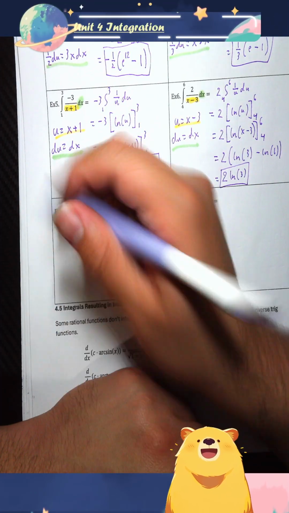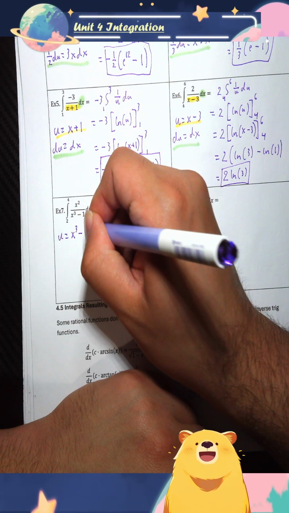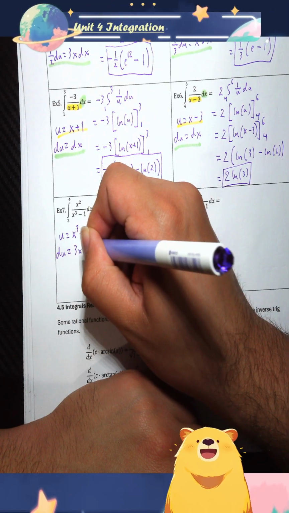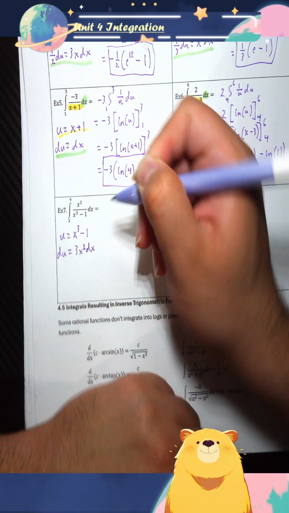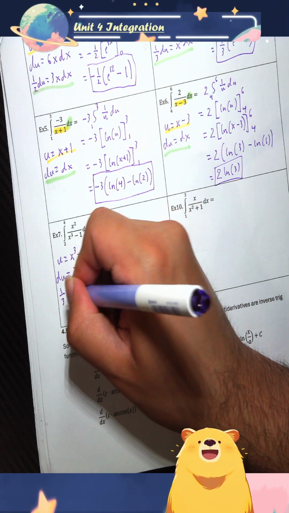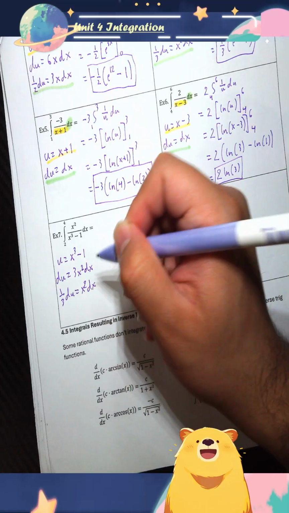All right, let's go in here. We have the convenience of making this whole thing one variable and its derivative appearing more or less alongside it. The only exception is with that 3, so we need to take out that 3. So 1 over 3 du is equal to x squared dx.